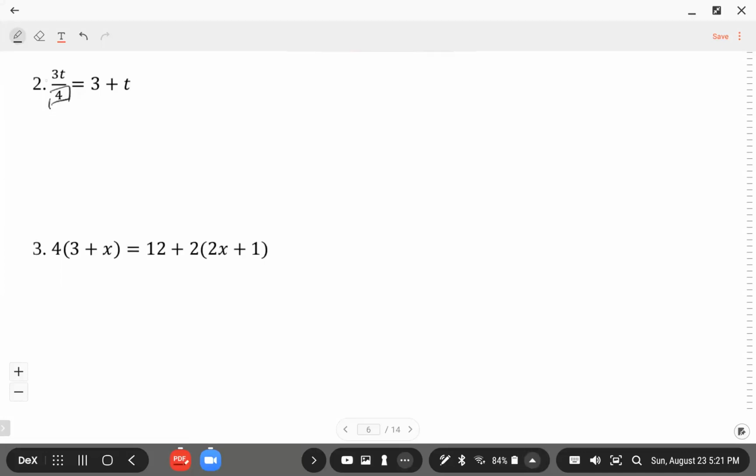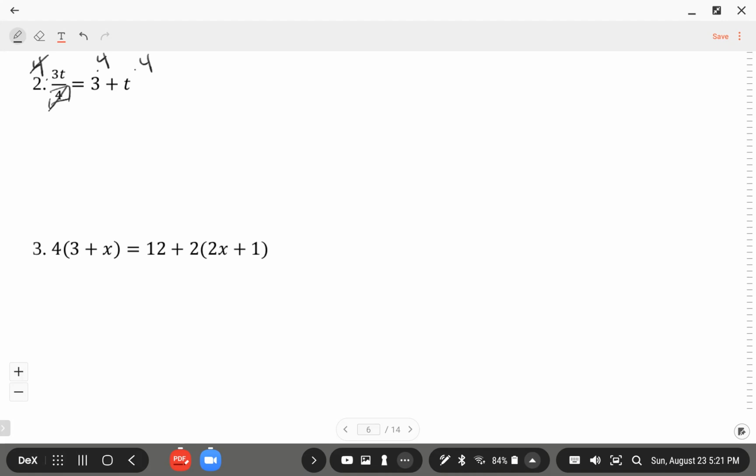So to cancel out this 4, you have to multiply by 4, right? Then you cancel out. But not so fast. Remember, this is an algebraic equation. You have to keep it equal. So every term has to be multiplied by 4 in order to cancel out the fraction.